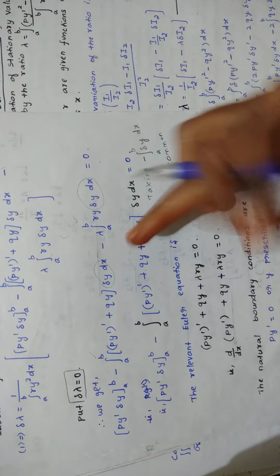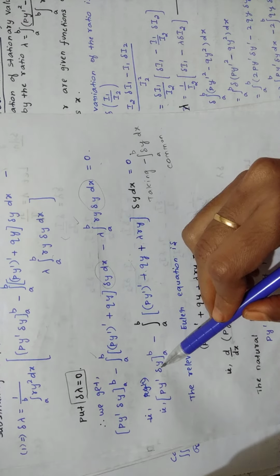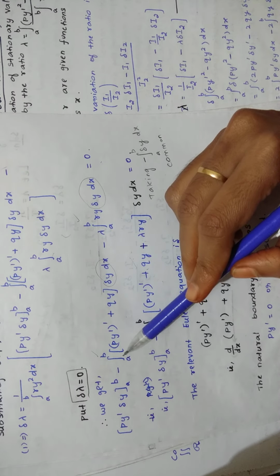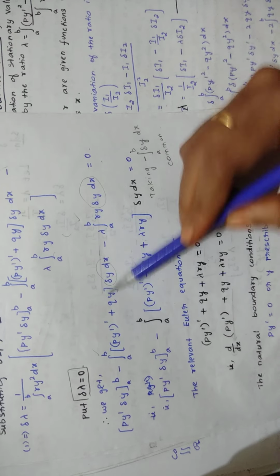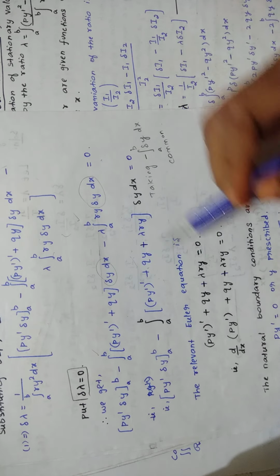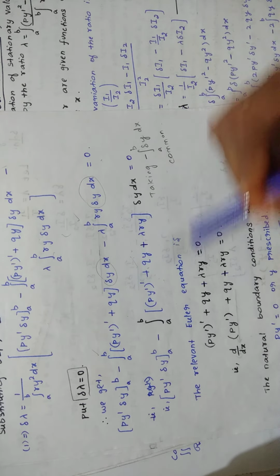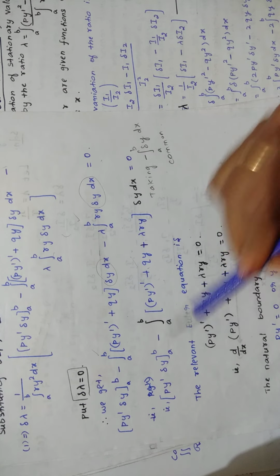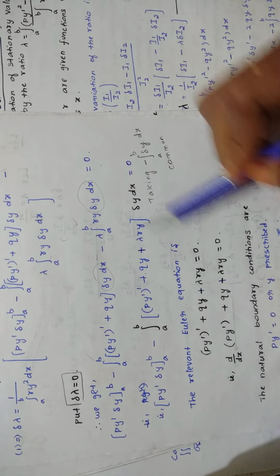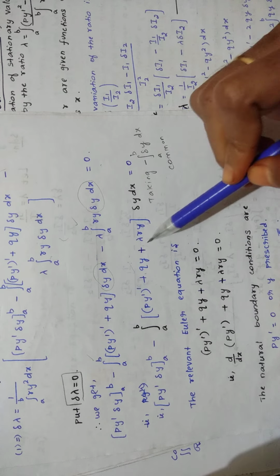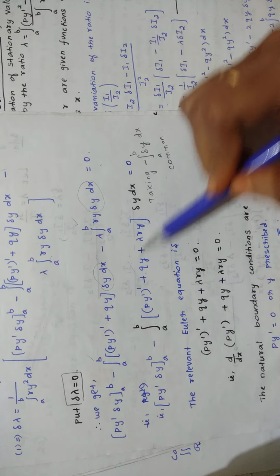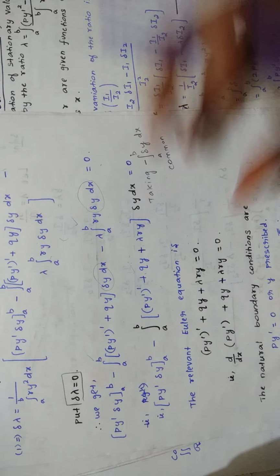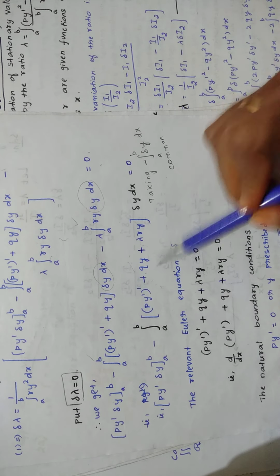Now you are writing this as it is. Here you are taking minus integral a to b delta y dx common from these two terms, so that you will get this. You are taking minus common also, so here you have to concentrate. You may commit mistakes here in the signs, so you have to concentrate here.